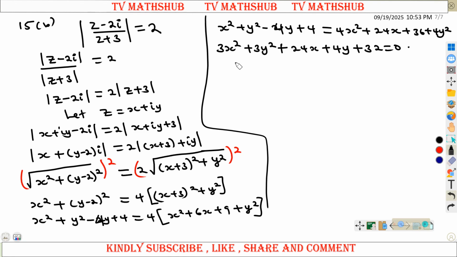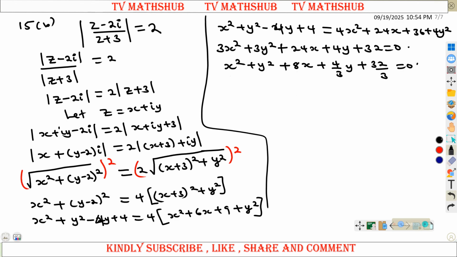So from this given point, you realize this can be written in the form of x squared plus y squared plus, when you divide the 3 throughout, 8x, then plus 4 over 3 y, then plus 32 over 3, which is equal to 0.